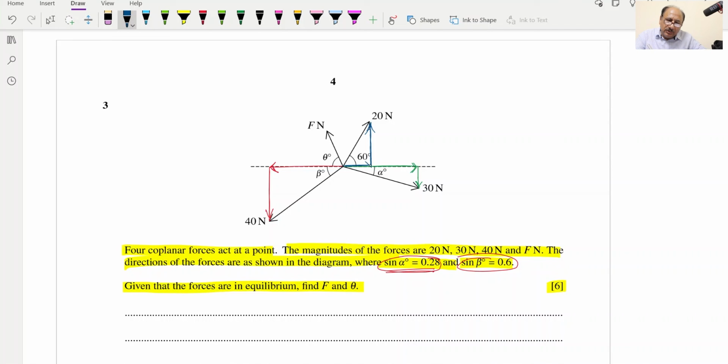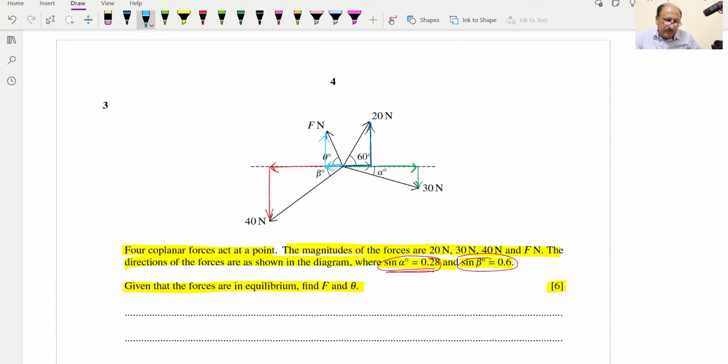So this will be the x-axis force. Now the last remaining force is F newtons, which we can resolve as well. The y-axis will be this one, and this is along the x-axis, with a small color change, hopefully you can see.